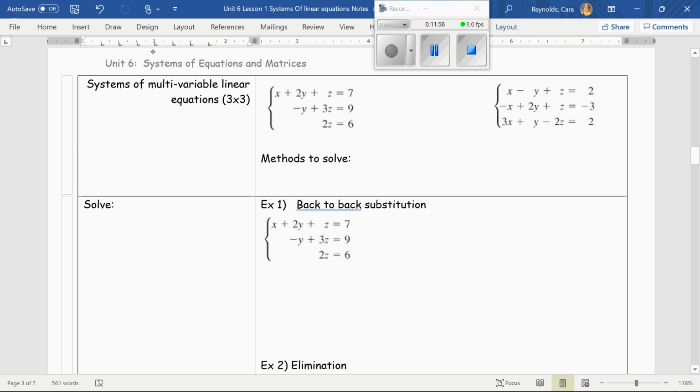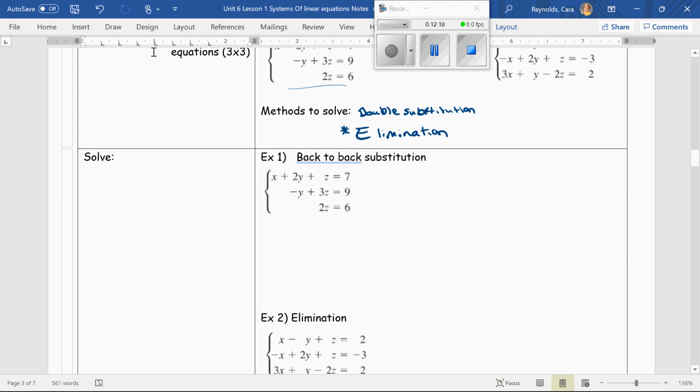Now, sometimes though, if you have a system like this, you can use double substitution. But most of the time, we're going to rely solely on elimination to get down to the value that we need.